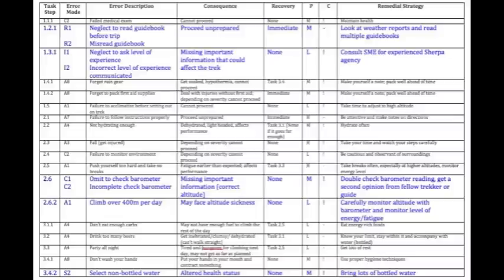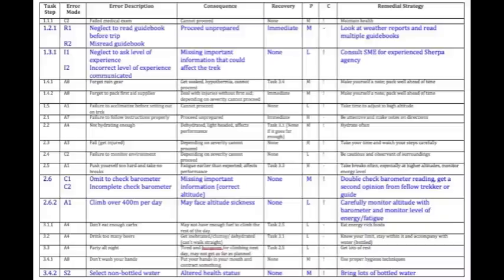Starting with task step 1.2.1, which was read guidebook section on climate, we can see that this was identified as a retrieval task. Thus, it will have a retrieval error. The 2 errors we identified were neglect to read guidebook before trip or misread guidebook.